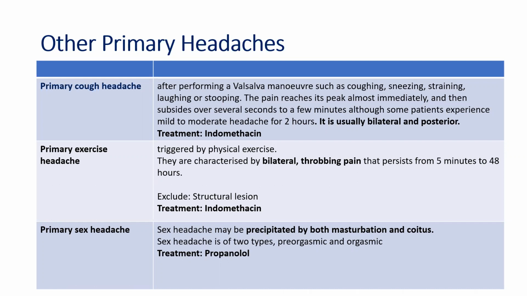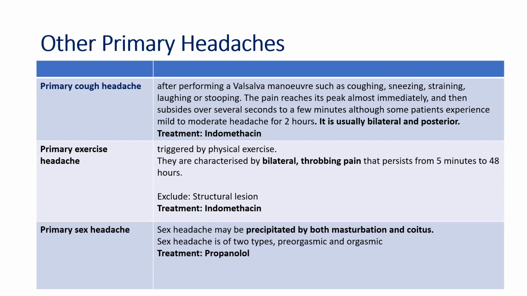But we need to exclude all sorts of secondary headache if we want to diagnose a primary headache. So a patient came to you with coughing, sneezing, straining, and headache at that time. If the patient has a severe headache at the time of coughing, sneezing, or straining with no features of raised intracranial pressure, we can say that this is primary cough headache.